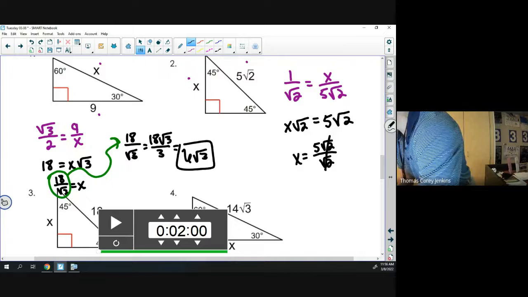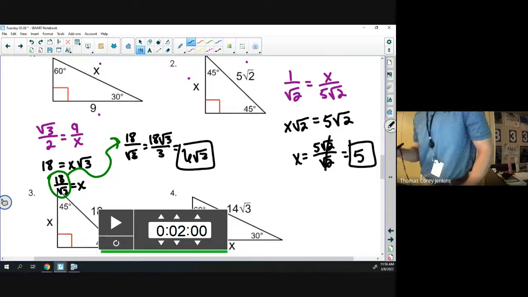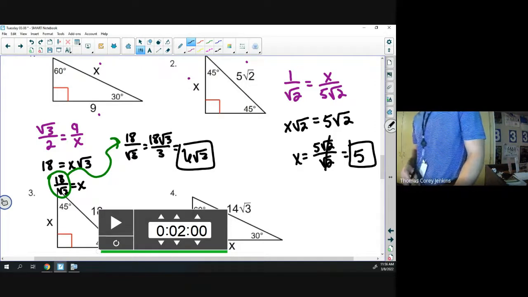These two cancel each other out, and just 5. And again, maybe you could tell that just by looking at the diagram, right? So this will lead into our next couple examples, right? So again, the diagram says, if this is x, this is x square roots of 2, right? So again, you can almost just fill in the blank. X is 5, right? You don't necessarily have to solve it so formally like I did, okay?